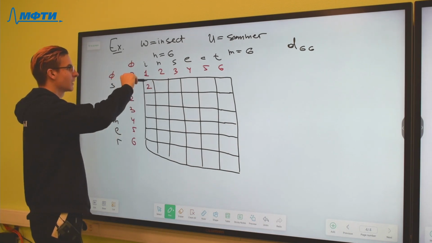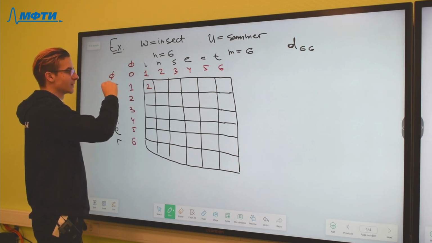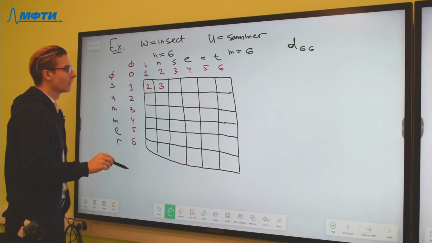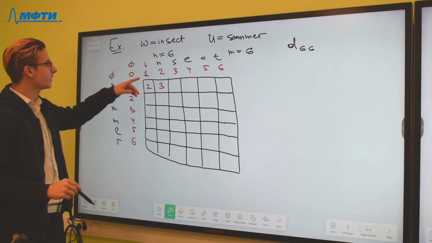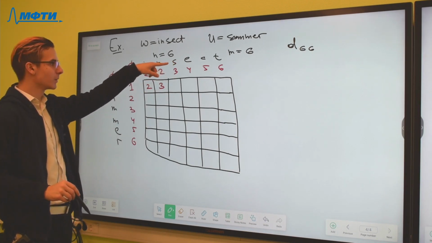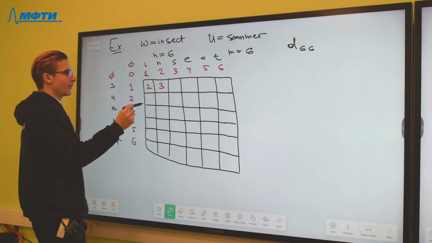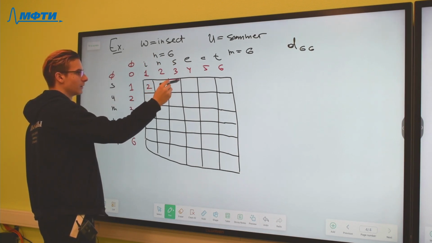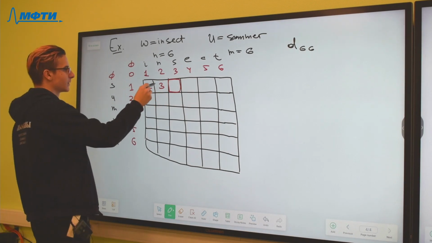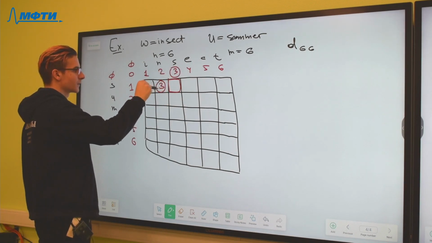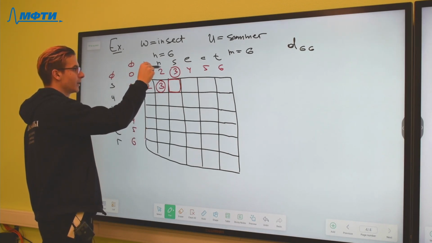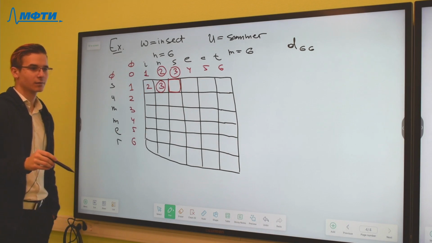Then we can compare N and S. We see that they're different, and right here 2, 3. And for example, if we compare these characters, we see that they're similar. So to write the number here, we need to find the minimum of these characters plus 1 and compare with this character.